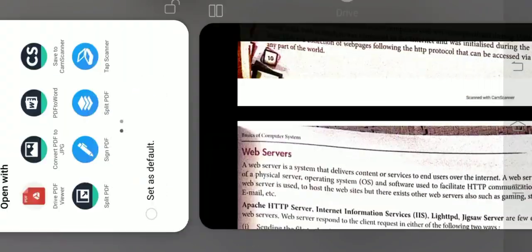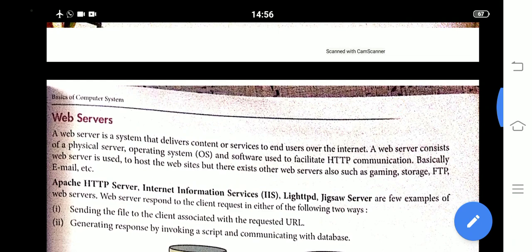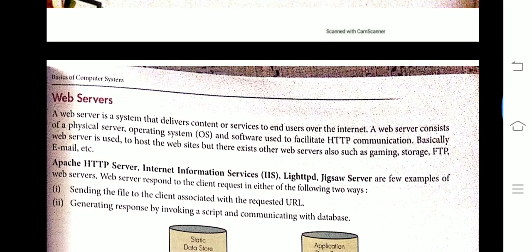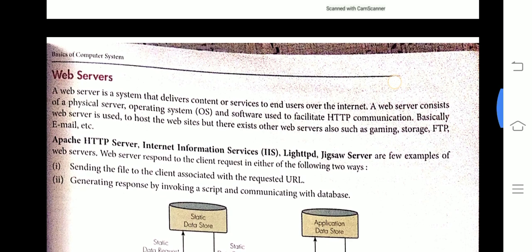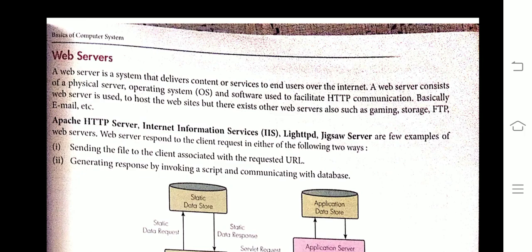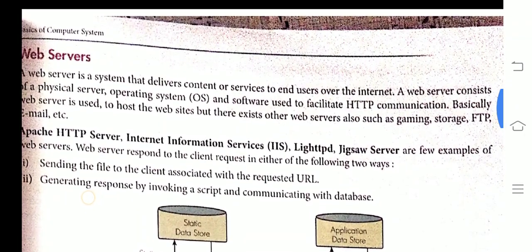So we have learned lots of things from this. Now, the web server. A web server is a system that delivers content or services to end users over the internet.